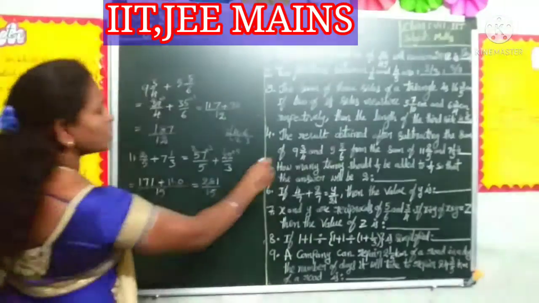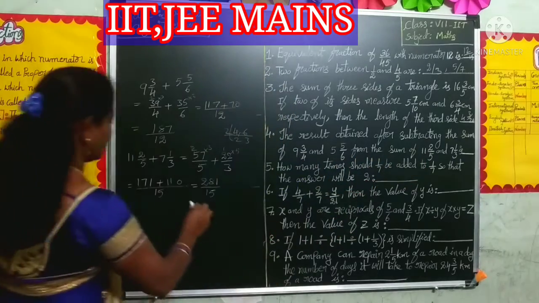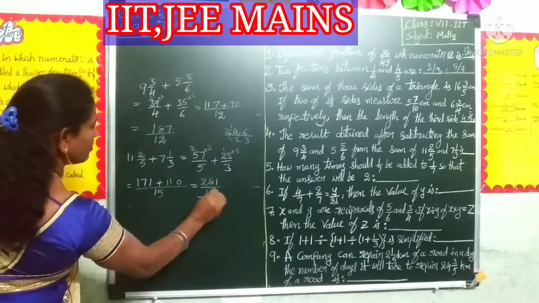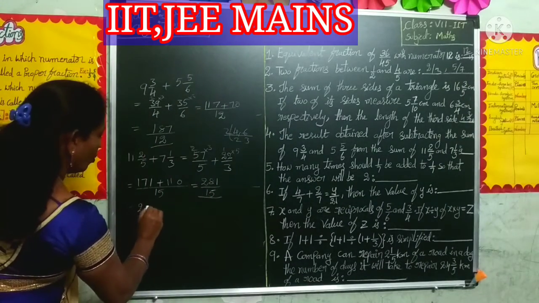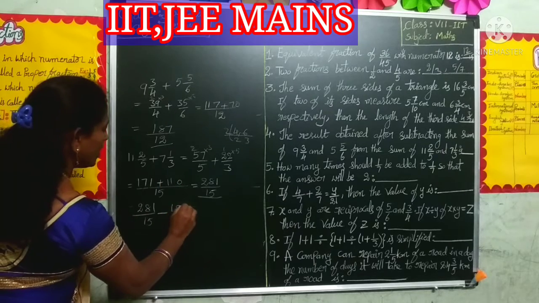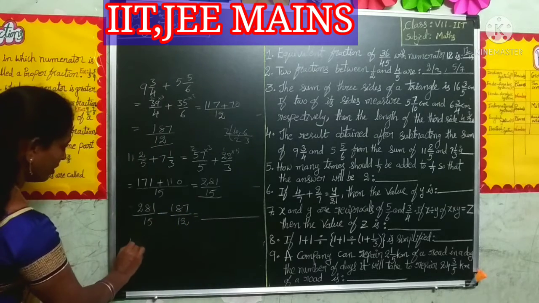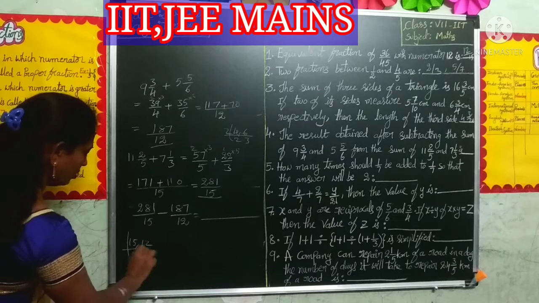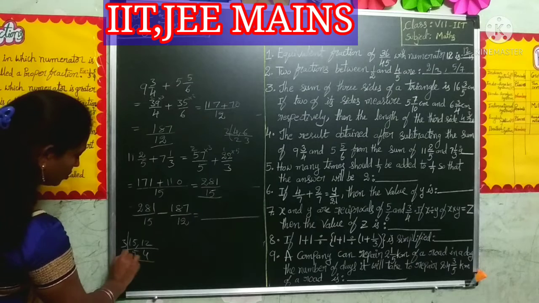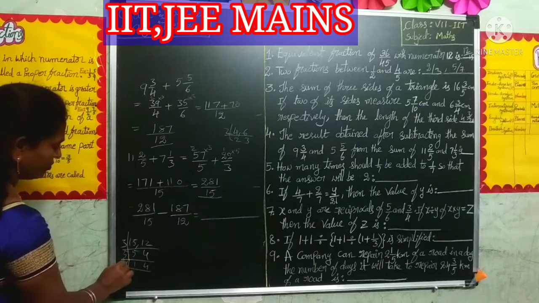Now what they said is subtract the first sum from the second sum. Means the first fraction is subtracted from the second fraction. What is the second fraction here? 18 2/15 minus the first fraction 8 7/12. That is equal to the LCM of 15 and 12: 3 times 5 times 4 is 60.